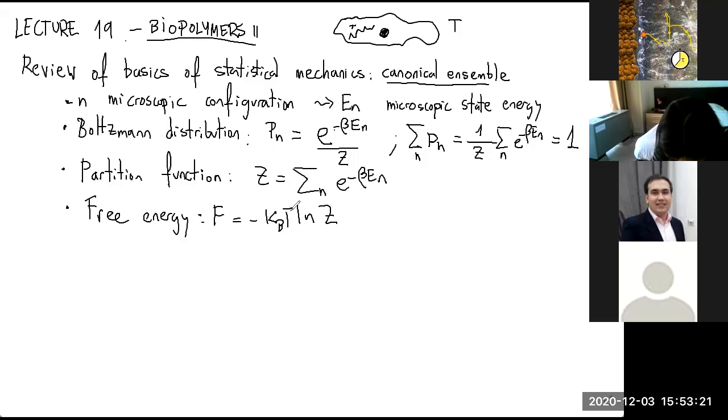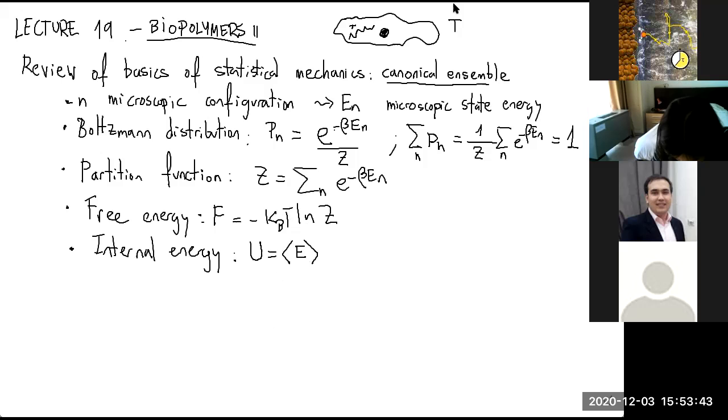Now it is also important to know the internal energy of the system. The internal energy is often written as U, but this means the average of the energy, where the average is done over all configurations.